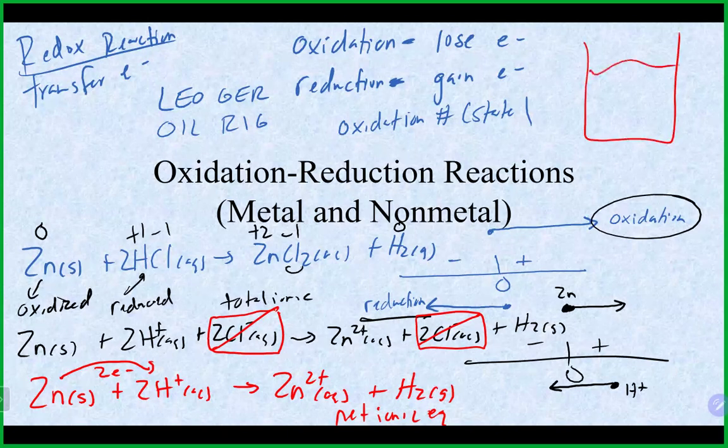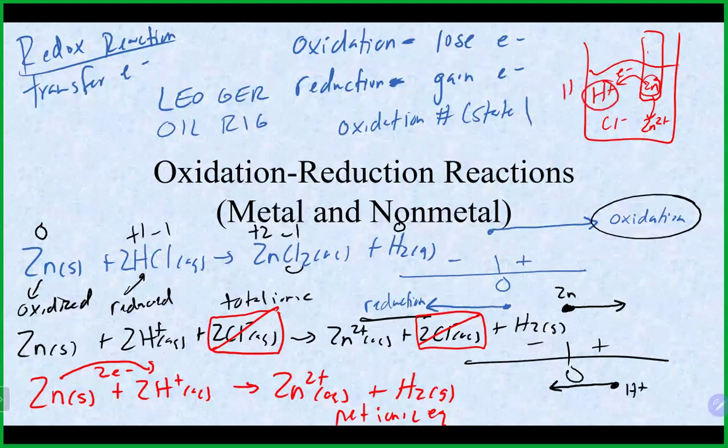So if you had your H plus and your Cl minus from your hydrochloric acid, and you took your piece of solid zinc, when you put that piece of zinc in there, the zinc's going to send over its electrons, and at that point the zinc will go from solid to the aqueous solution and have a charge and start floating around. And the H plus will gain those electrons and become hydrogen gas, which will then bubble out of your solution.